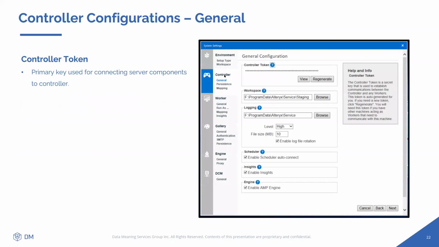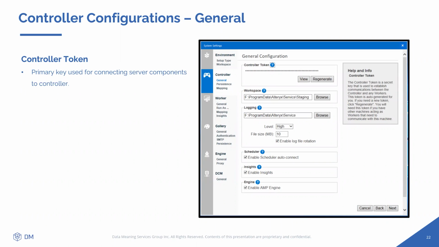Now you can go to controller configuration. So we have configured the environment, and now we're going to start to configure the controller. First we have the token, which is a secret key that connects workers and the machine through Designer. Imagine that you have a designer installed on your computer on a Windows 10, for example.